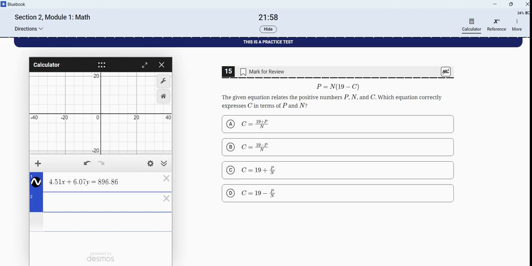So p divided by n, minus 19, and it would be D.